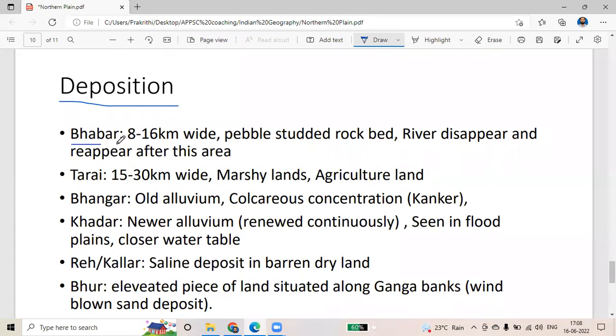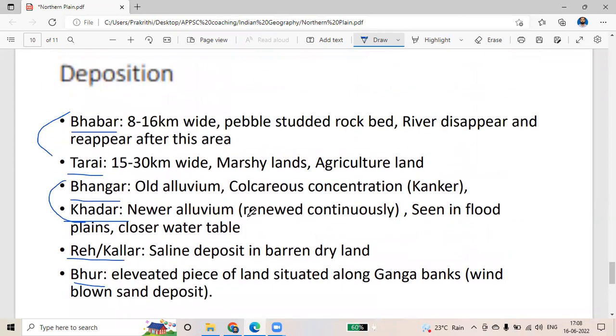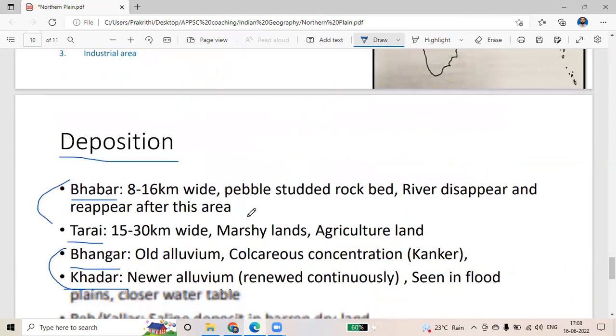One is Babar, second one is Tarai, then Bangar, then Khadar. ये दोनों एक साथ बोलता है, Bangar and Khadar, Babar and Tarai एक साथ, then Ray and Kallar, then the Bur. इतना सा term भी याद रखना है.